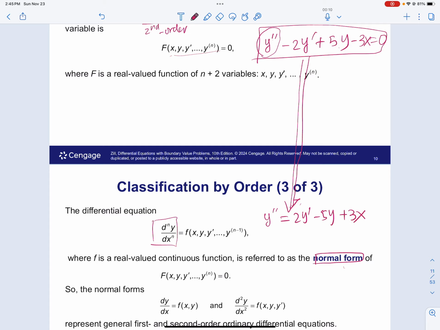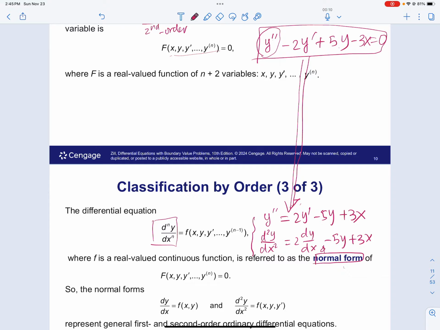Are you with me? So if you want to write it this way, it is the second derivative equals 2 times the first derivative, minus 5y plus 3x. Either this way or that way, and this is called the normal form.